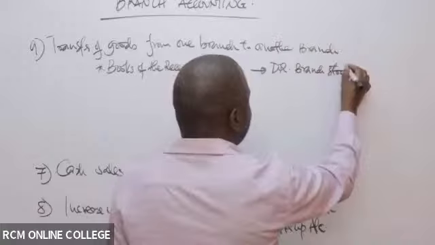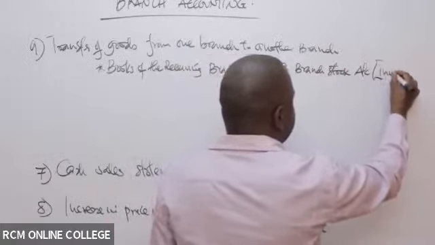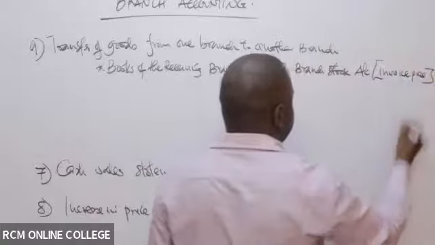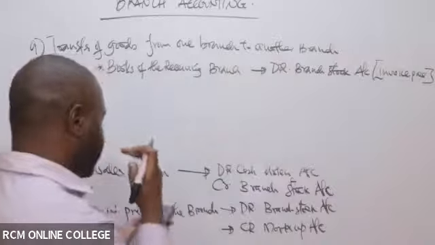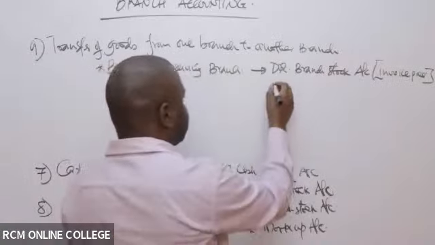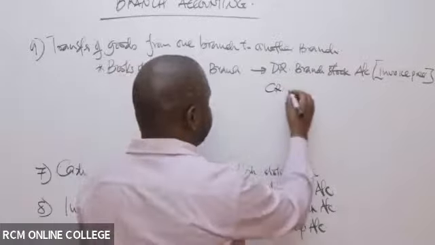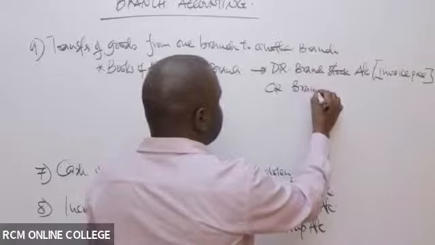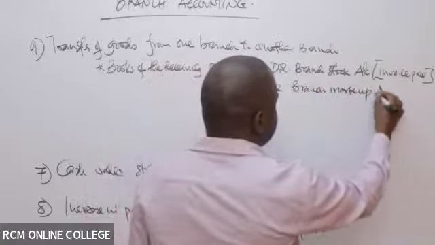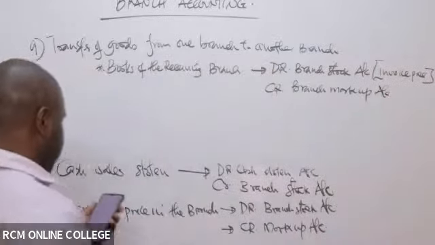It will be at the invoice price of these goods. Then you'll credit the branch markup account.